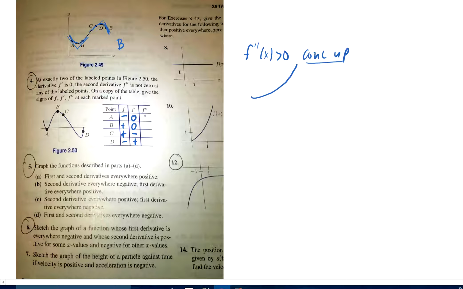So f double prime at A is positive, at B and C it's negative, and at D it's positive because it's concave up there, but also the real reason is because the derivatives are getting bigger and bigger. They're increasing. Okay, because we said this also means that f prime of x is increasing, meaning getting bigger.